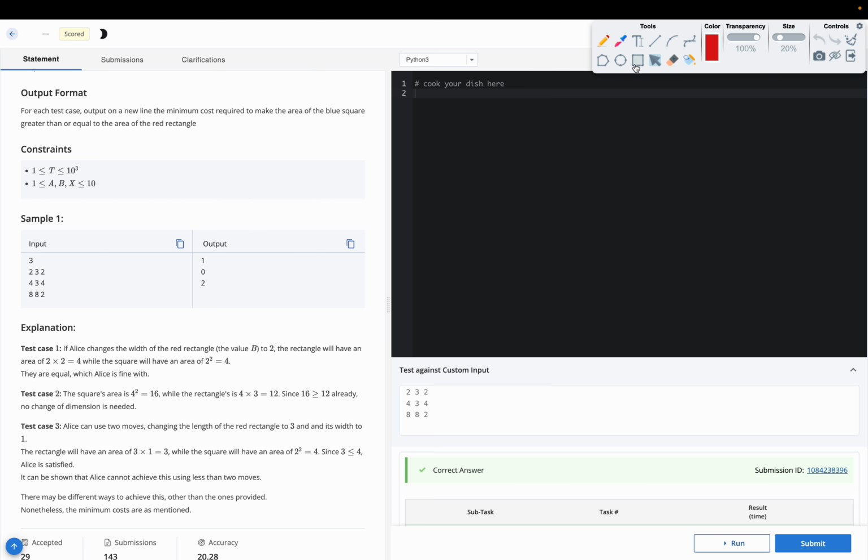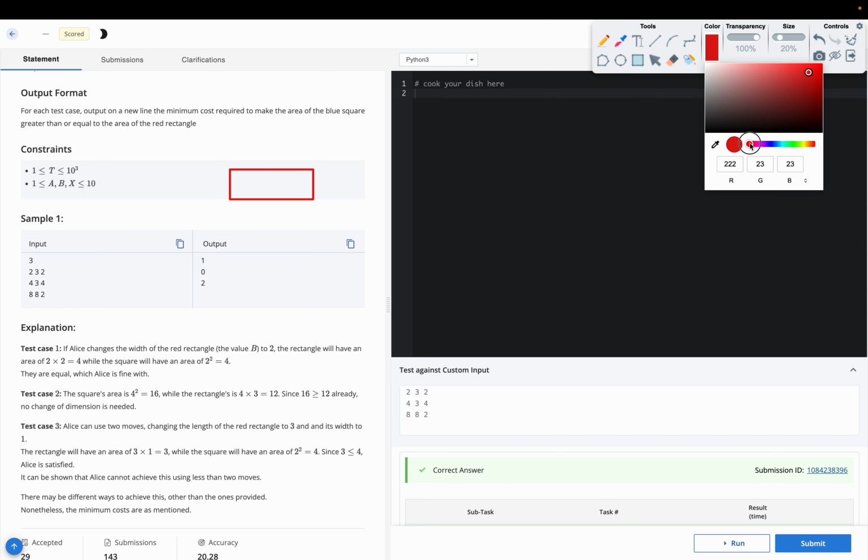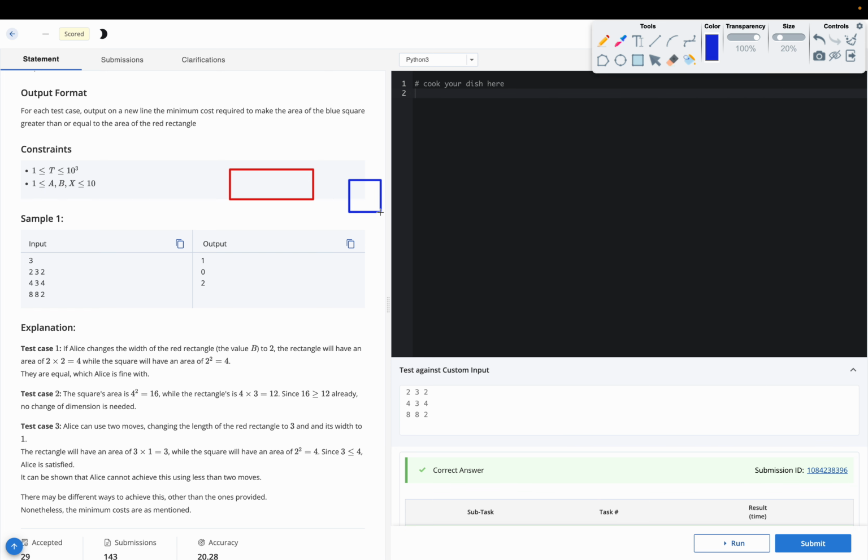So here we have a red rectangle and a blue square. What we need is the area of this square, which is of x units, so basically x into x.